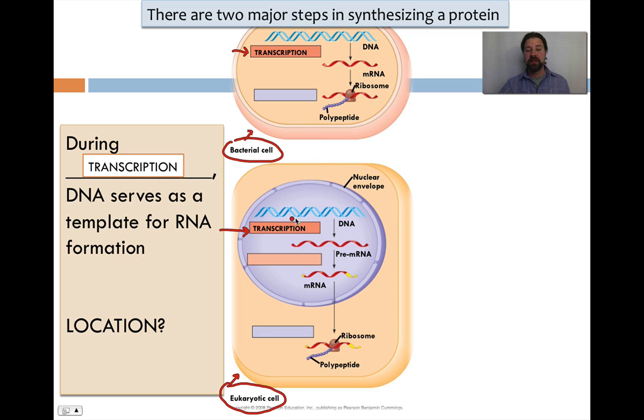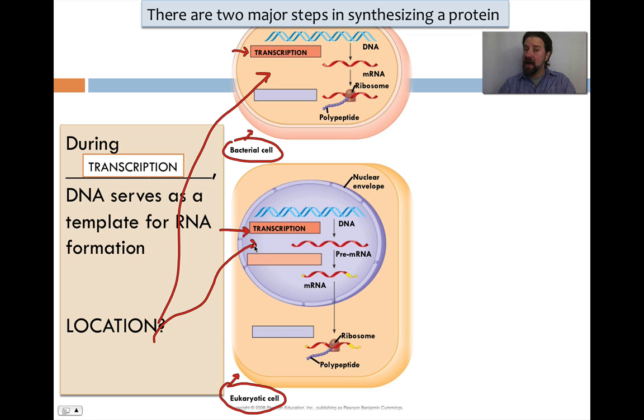And you have the same exact thing happening here in a eukaryotic cell. I'm kind of a stickler for locations of where processes happen. So in the case of the bacterial cell, we have the cytoplasm as our transcription location. And so let me draw a big arrow right there. And then in a eukaryotic cell, the transcription location is within the nucleus there.